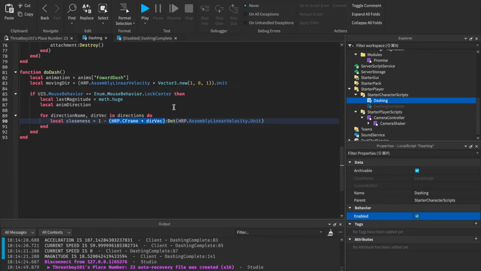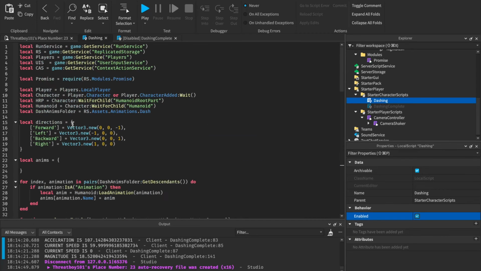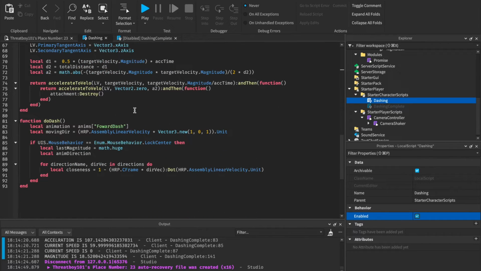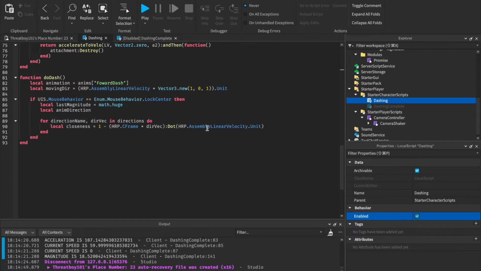So if he's moving in a direction that is very much left, then I imagine this left vector would be close to our movement vector, and so the angle between them would be small essentially.